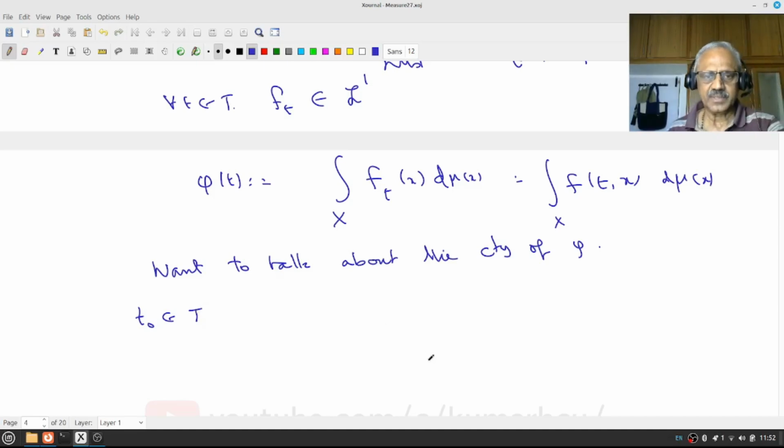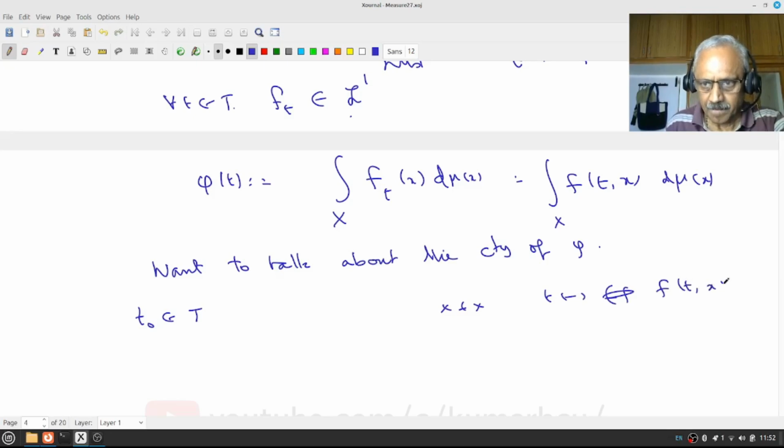But without any assumptions about the way my function F behaves as a function of t, it will be difficult to see. You see what I mean? I assume as a function of x, for each t, this is L1. Then for each x in X, I have to say how this function behaves, and only then does it make sense to talk about continuity.